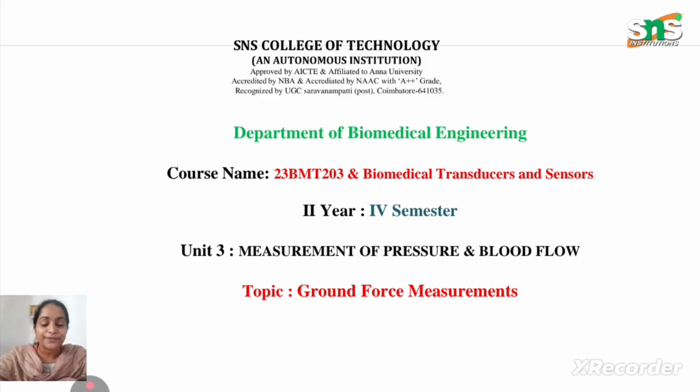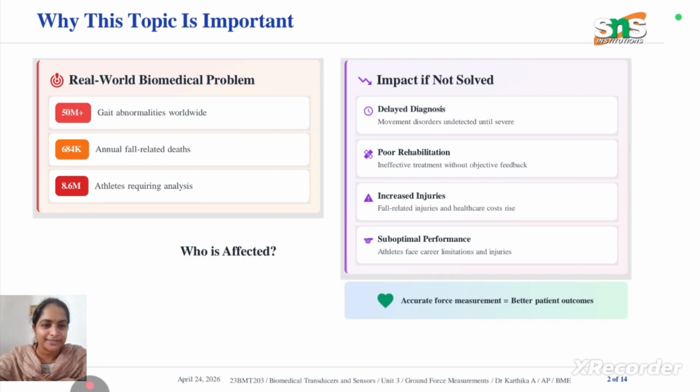In this April 2026 lecture series, we are going to discuss ground force measurements in measurement of pressure and blood flow. What is this ground force measurement? Actually, our real-world biomedical problem is that around 50 million plus people are affected with gait abnormalities worldwide, with 684K annual fall-related deaths, and 8.6 million athletes requiring analysis.